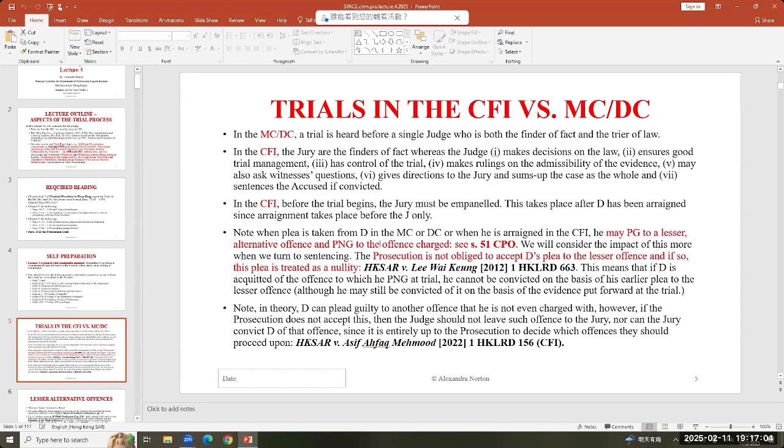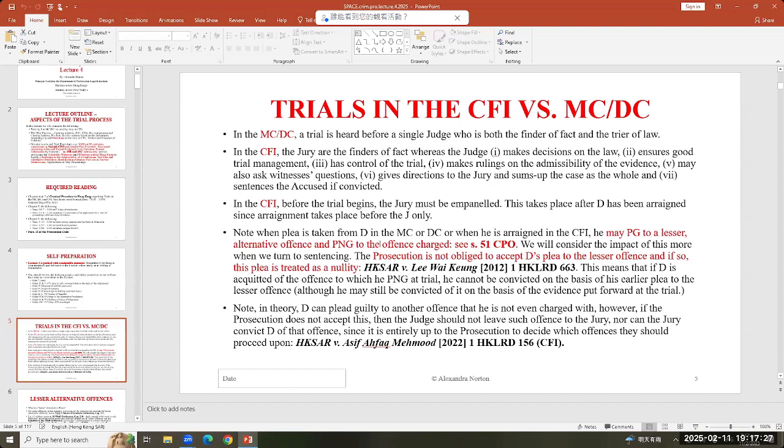So, for example, lesser alternatives to robbery are theft, burglary, assault with intent to rob. So it is possible that although the prosecution have charged the defendant with a more serious charge, the defense may offer a guilty plea to a lesser alternative charge.